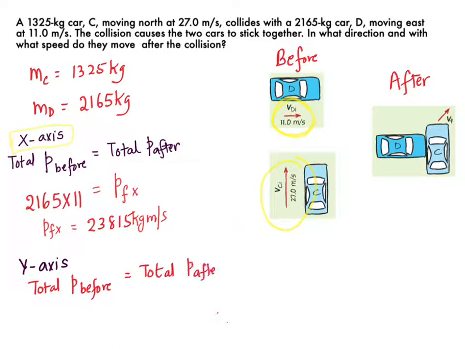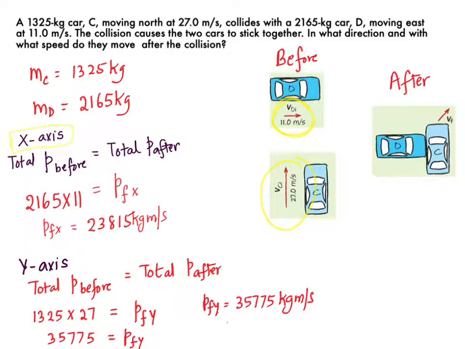Again, we write the law of conservation of momentum: 1325, the mass of car C, multiplied by its speed of 27, equals P_fy, the final momentum in the y-axis. That comes out as 35775 kg m/s.